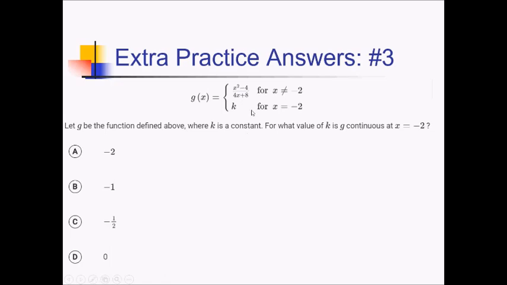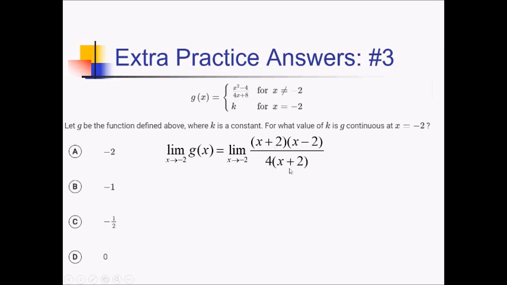So I can split my numerator up into x plus 2 and x minus 2. So I'm doing limit as x approaches -2, and this is going to be a two-sided limit because this function is going to handle coming from the left and the right at the same time here. So I've got x plus 2, x minus 2 in the numerator, and then in the denominator I can factor out a 4, leaving me with x plus 2 down there.